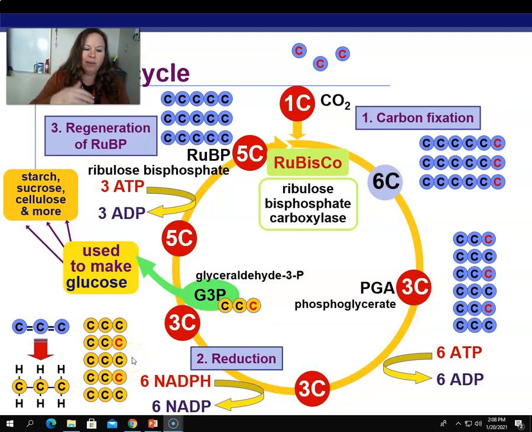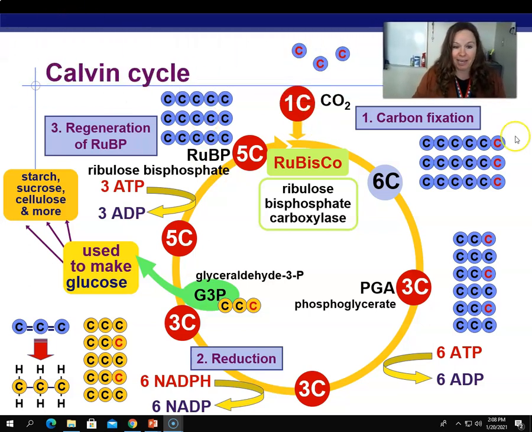So basically we got to add those H's, and then we make a molecule of G3P. And then anything left over gets made back into RuBP again to keep that cycle going. And again, that is the Calvin cycle, the synthesis part of photosynthesis. This is happening again in the stroma of the chloroplast.